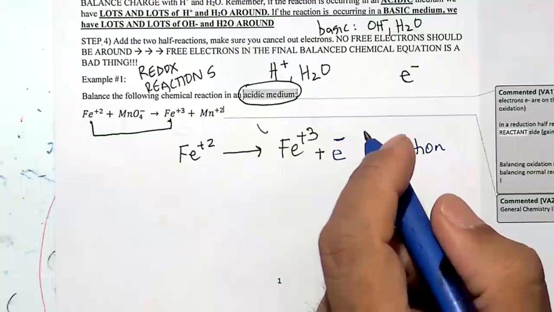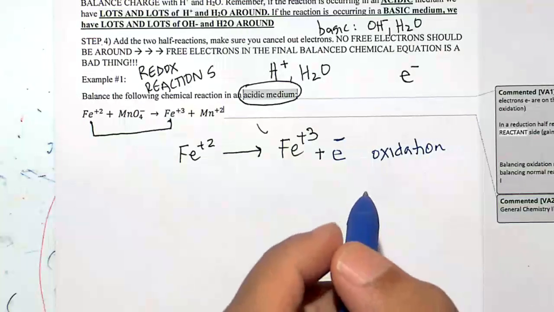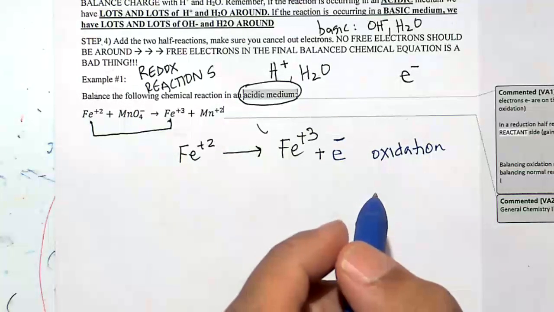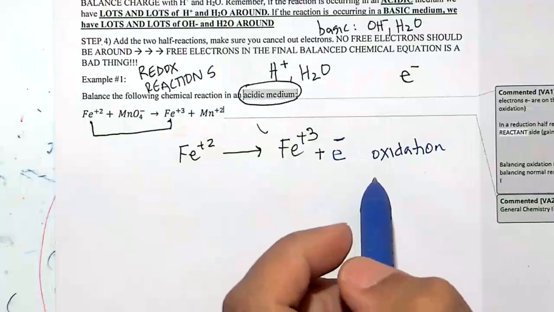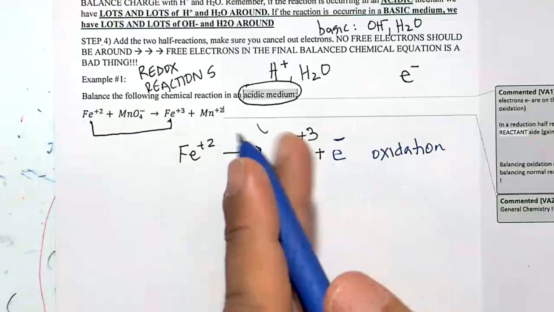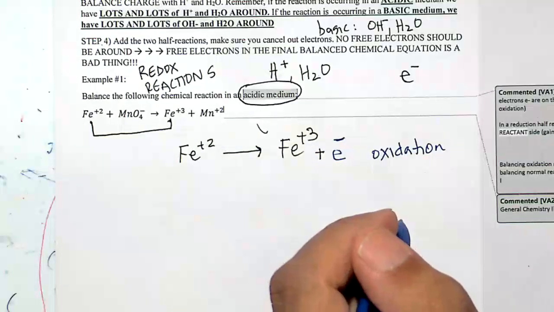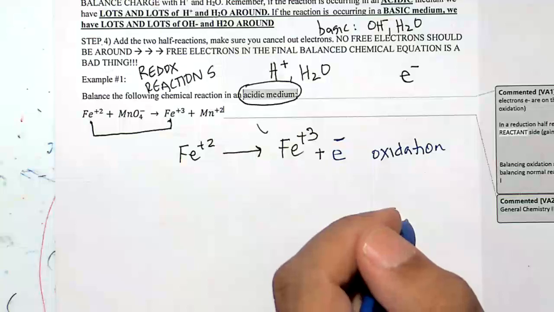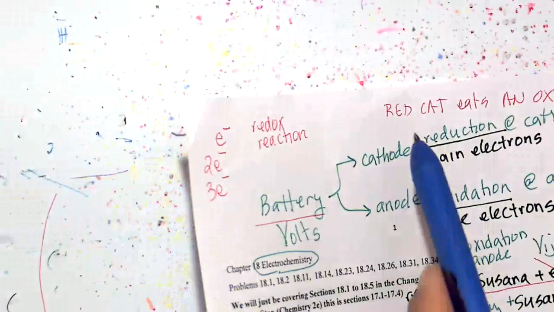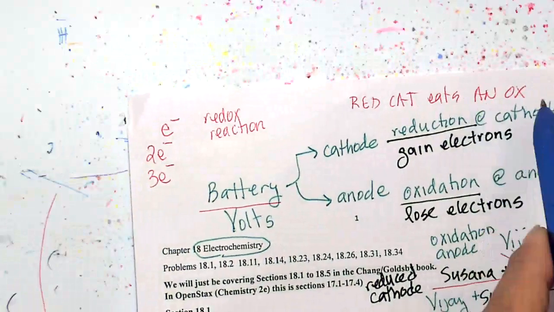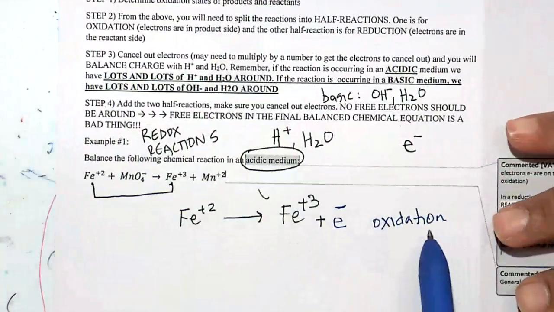If we were a battery, which consists of an anode and a cathode, would this be the anode part of the battery or the cathode part? Red cat eats an ox. So anode, oxidation.